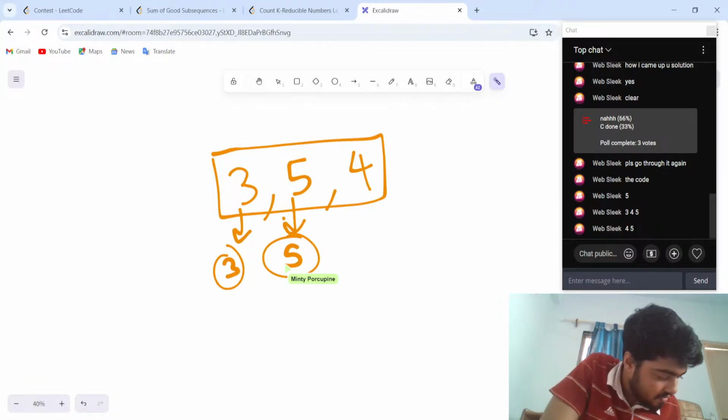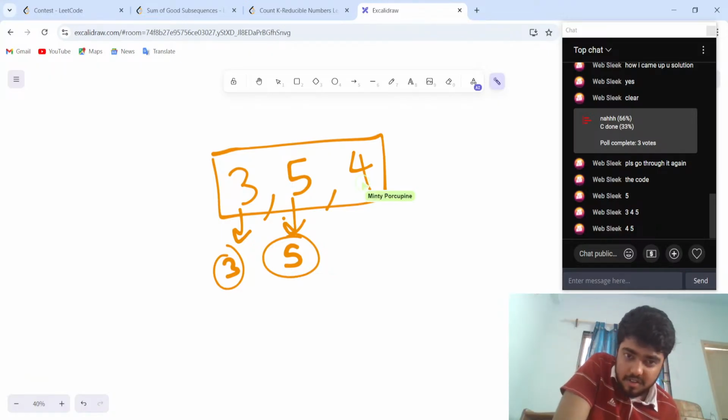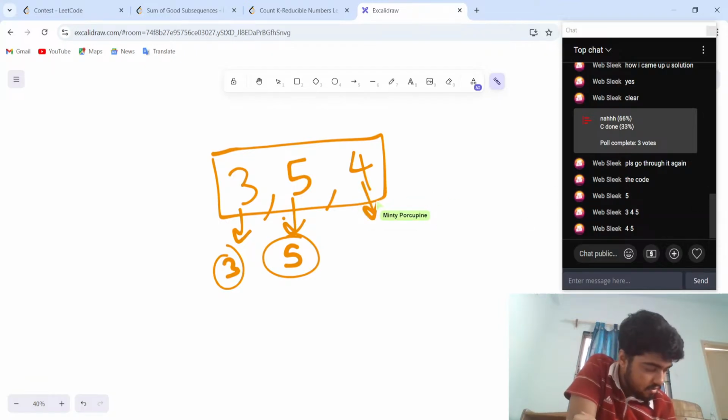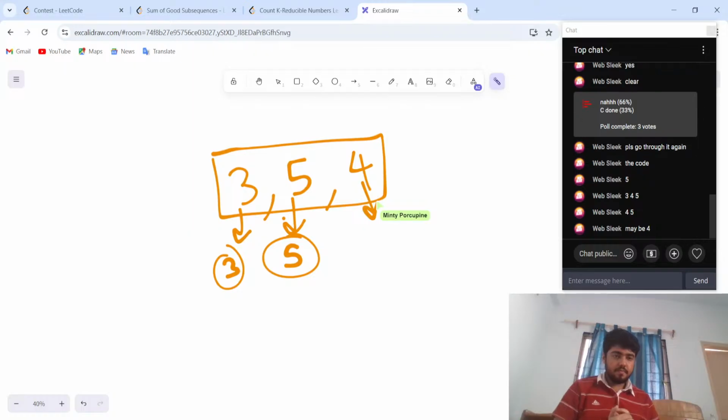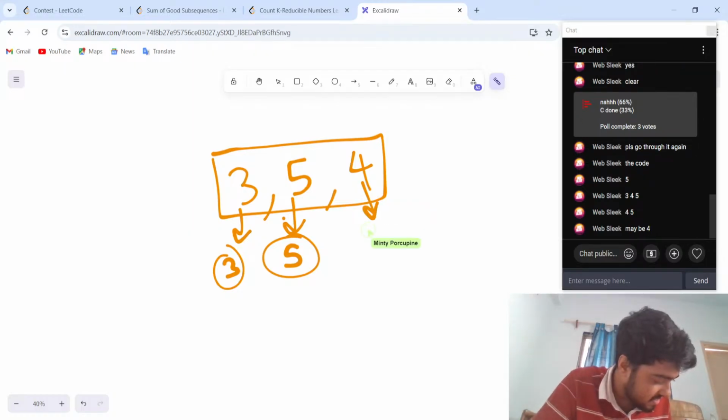So what will be for this 4? Any idea? Any idea what will be for this 4? Yeah, 4 is always there. 4 is always there.